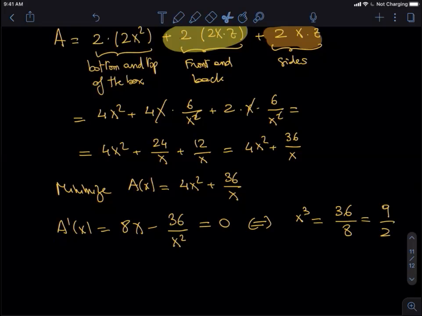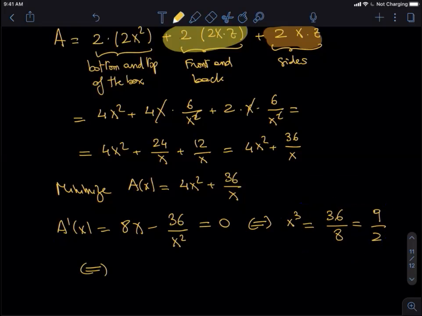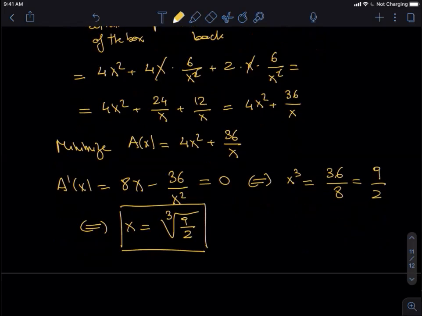And that means x equals the cubic root of 9 over 2, whatever that number is. Because of that, we know right away that y, the width, has to be twice as much. So 2 times the cubic root of 9 halves.